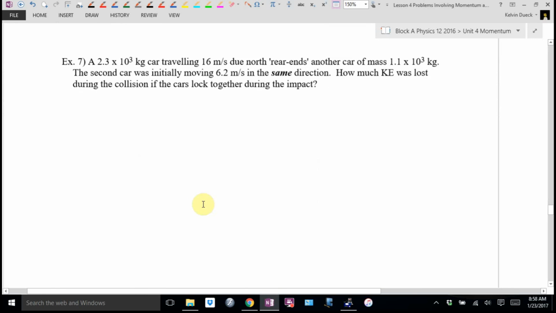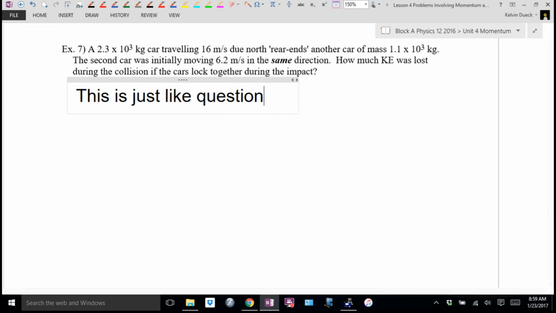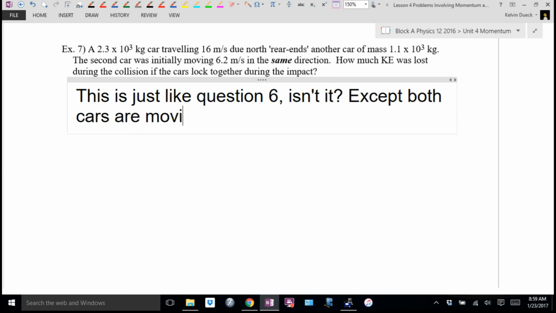Oh, we got one more. I thought I was done. There is one more. In number 6, oh, no. I guess the only difference is both cars are moving at the start.